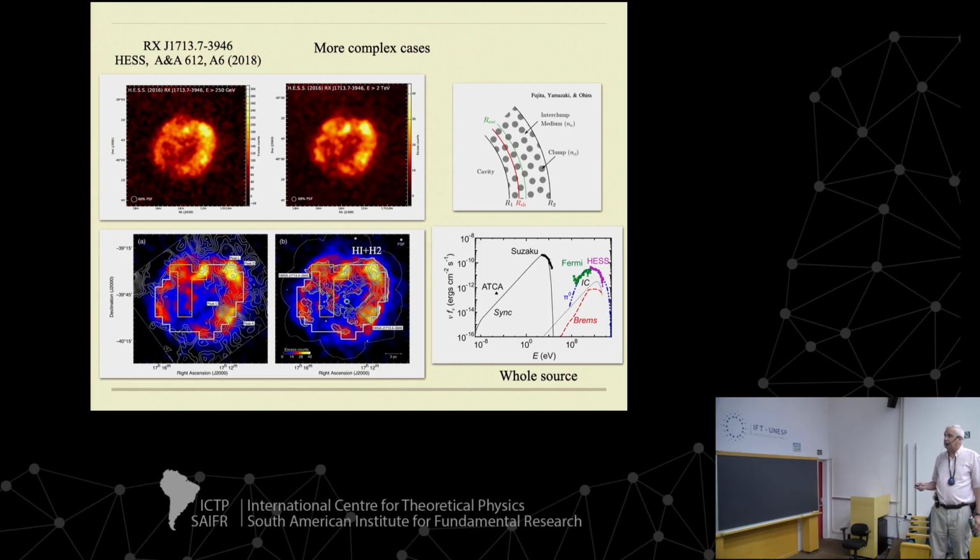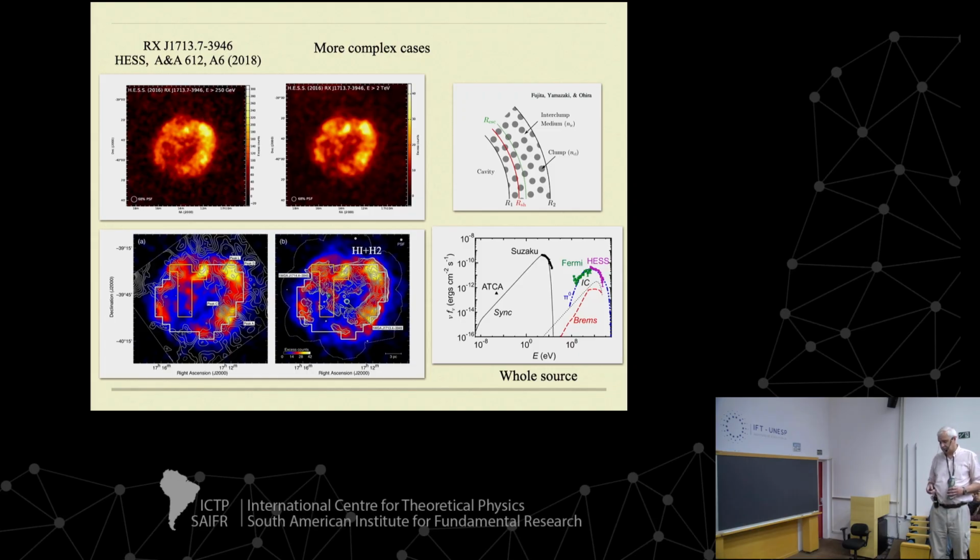You see a lot of material around this supernova remnant. So different parts of the supernova remnant seem to be interacting with different amounts of matter. And this makes the determination of the different contributions quite difficult.